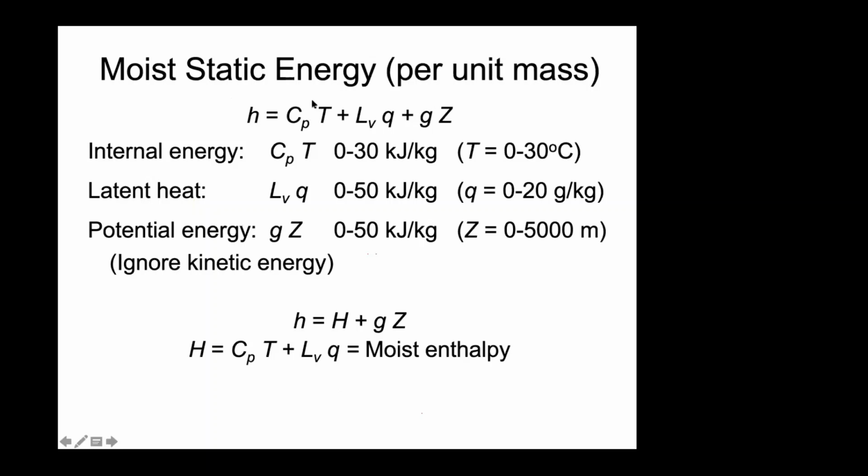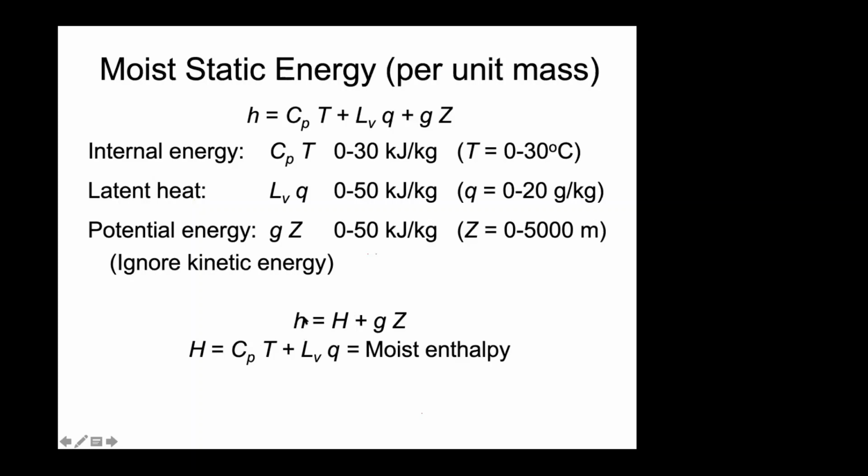Moist static energy is the internal energy, the heat capacity at constant pressure times the temperature, plus the latent heat of vaporization times the amount of water vapor in the atmosphere, plus the potential energy, g times the height. Remember, this is per unit mass. That's why there's no mass in this. And this quantity is conserved as air parcels move. Now, there's another way of writing this.